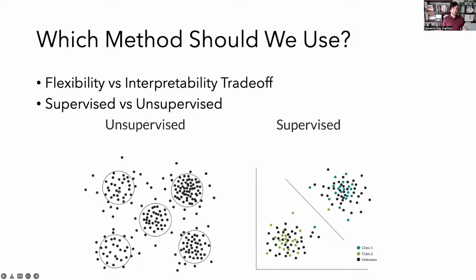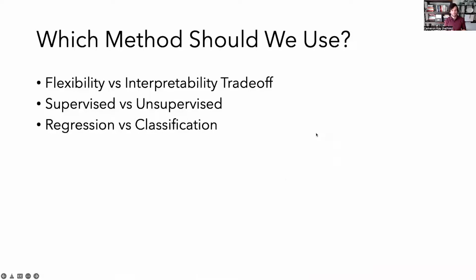In reality, we're just saying, okay, these observations are similar to each other, so we're grouping them together, but we can't really prove that these values actually belong in this cluster. So that's the difference between unsupervised and supervised. Unsupervised, you don't have the true values in your data set. With supervised methods, you do have the true values in your data set.